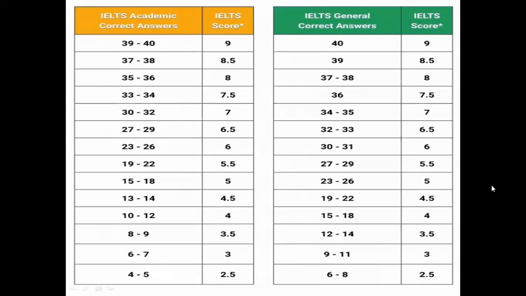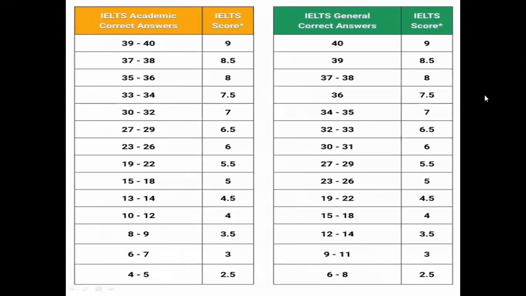That's the reason why the scoring in General is a bit tougher compared to Academic. But in Academic, the isolated modules like writing and reading are a bit tough. That's the reason why the scoring will be easier. That's the reason why I want you to understand the importance of both.